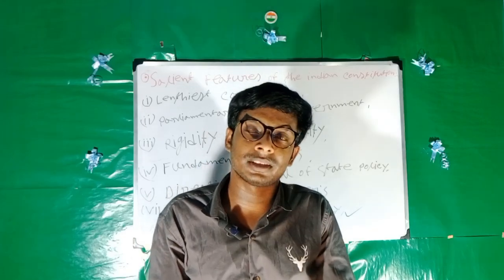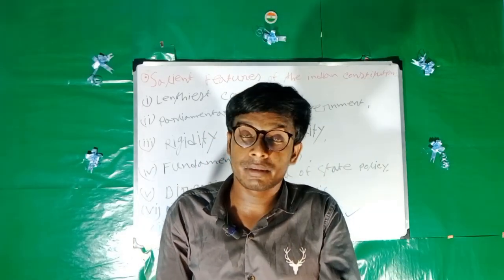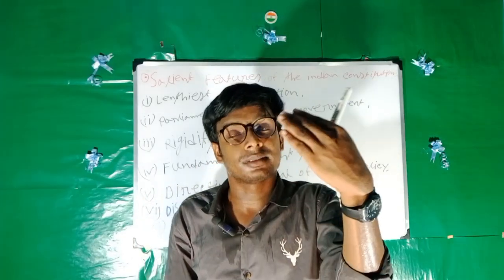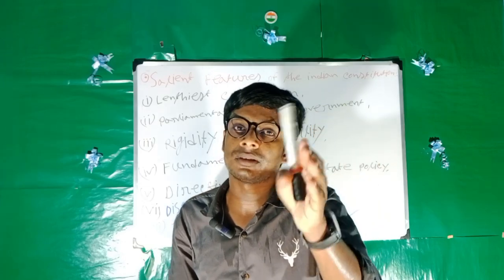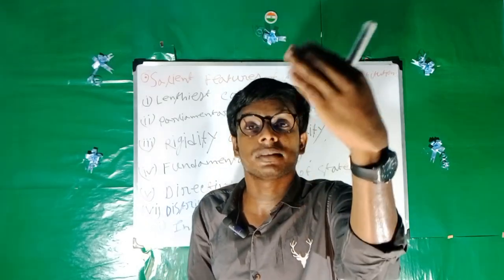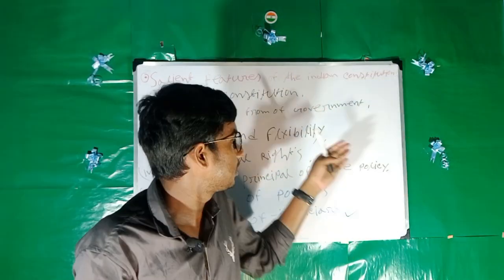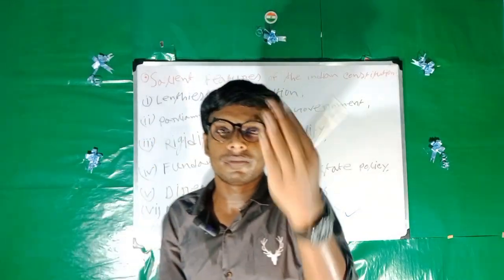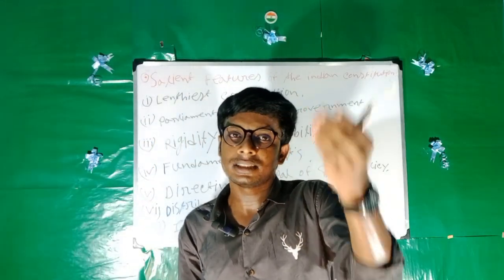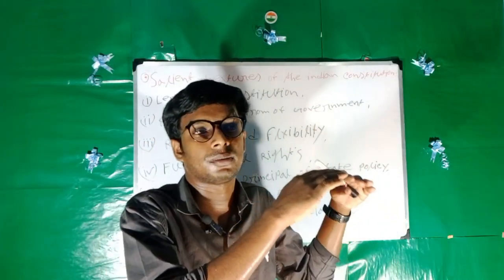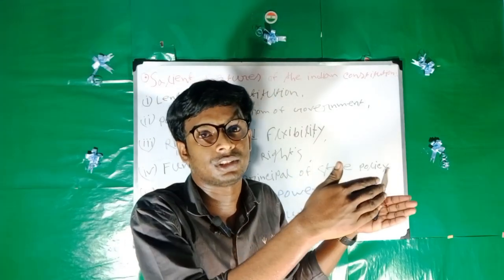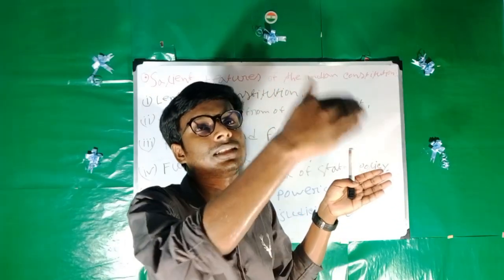It may be changed by general amendment, special amendment, or amendment with the consent of the states. There are three elements in the flexibility, and our constitution has changed; at present there have been a total of 105 amendments of the Indian Constitution, and it changes from generation to generation.